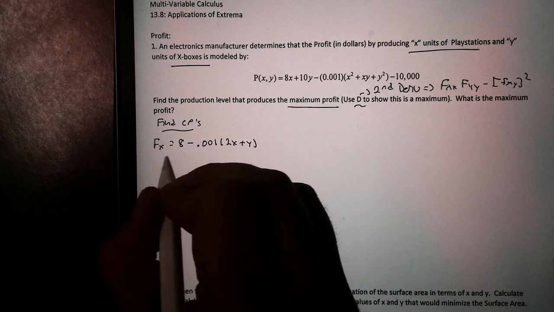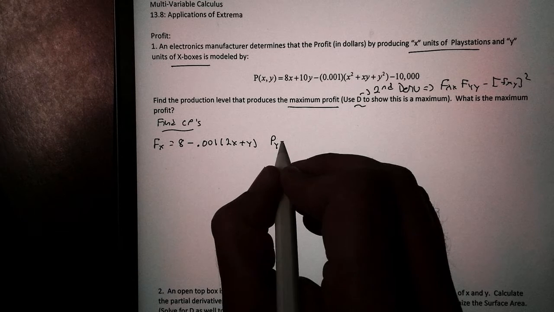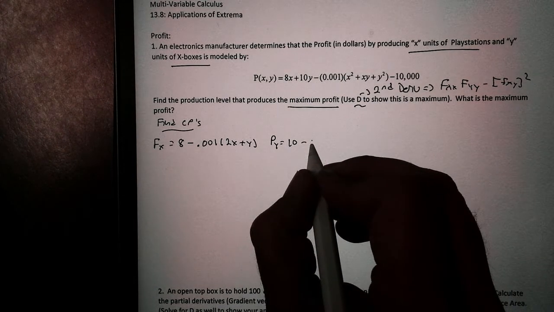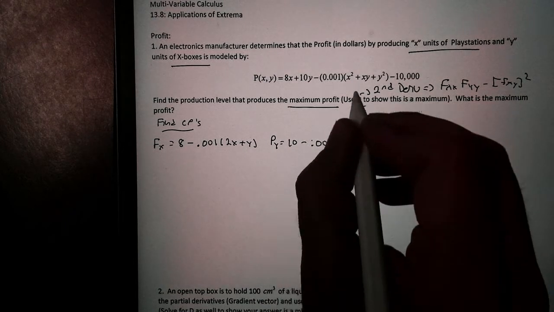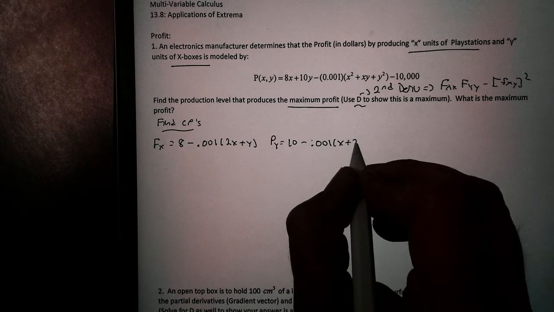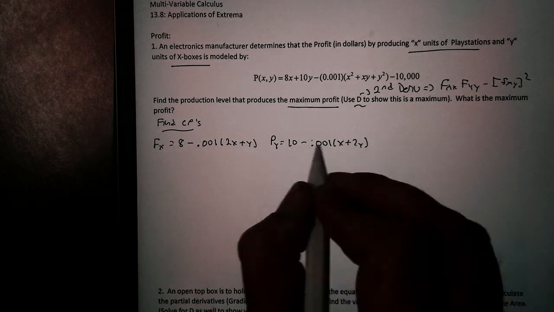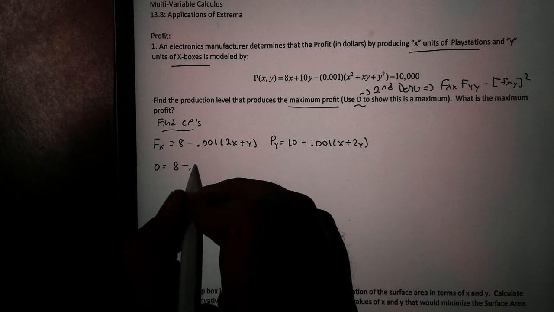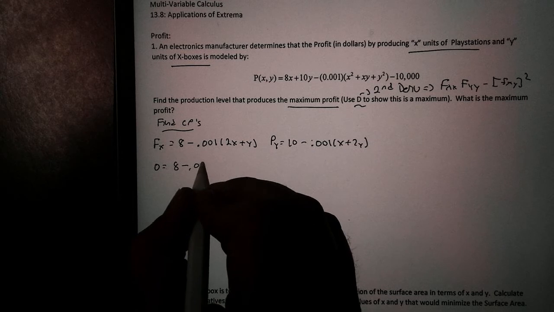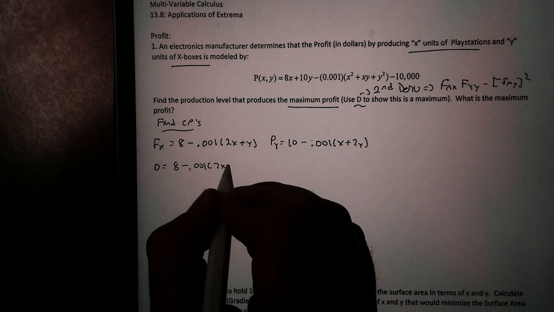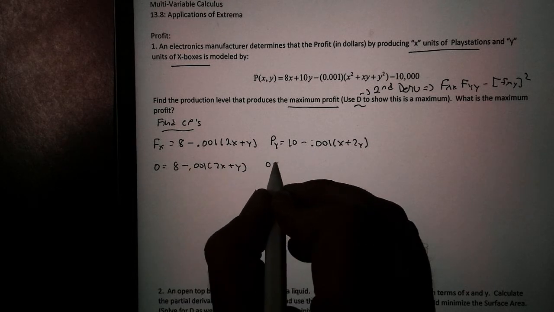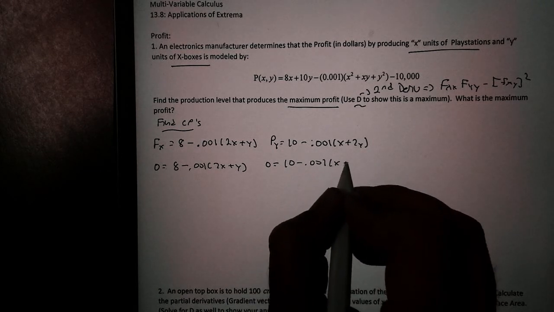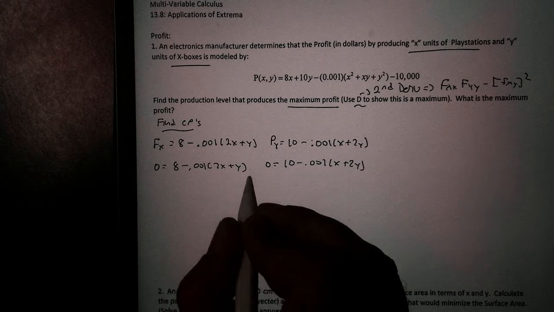My partial with respect to y will be 10 minus 0.001 times x plus 2y. If I set them both equal to 0, we get 8 minus 0.001 times 2x plus y, and 10 minus 0.001 times x plus 2y.